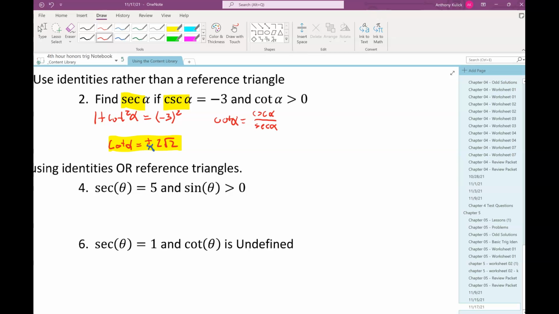And I'm just going to rearrange this now to get the secant by itself. So I multiply both sides by secant to get it out of the denominator, and then divide both sides by cotangent. And then I can just fill in my values for secant and cotangent and rationalize my denominator.